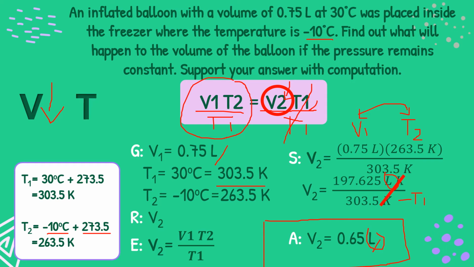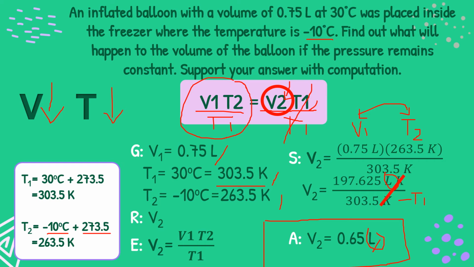How about the temperature? Initially we have 303.5 Kelvin, and it changes into 263.5 Kelvin. So as you can see, from 303.5 to 263.5, the temperature also decreases.